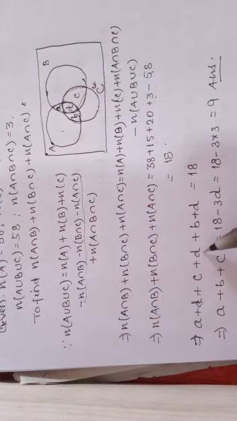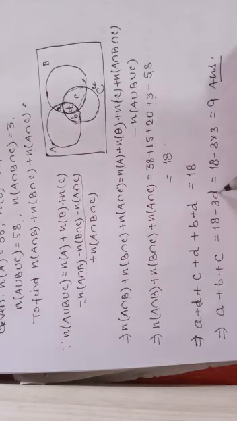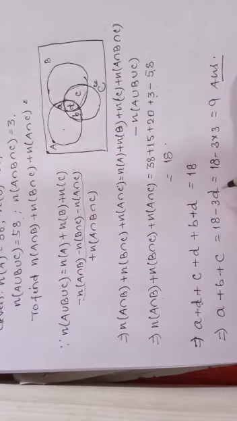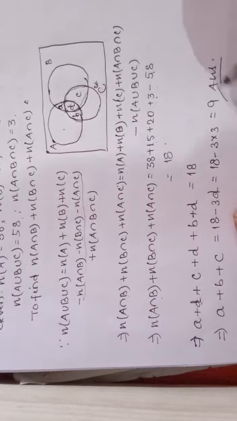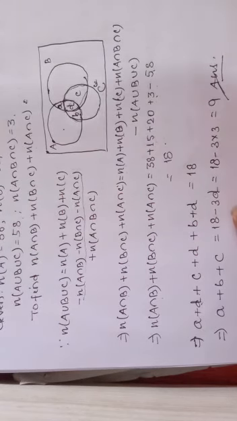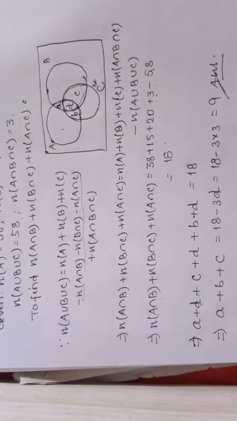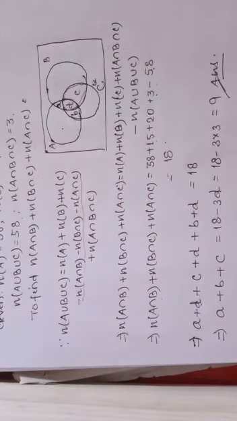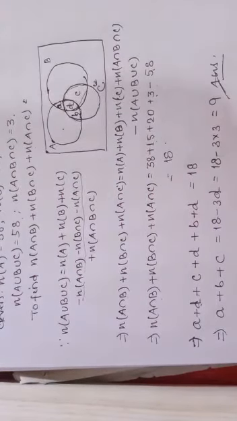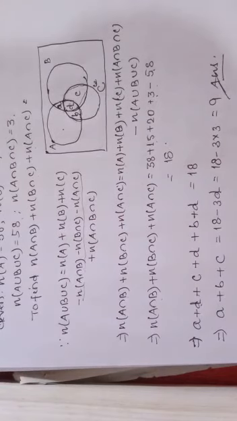So D plus D plus D on the right side becomes minus 3D. D is given as 3, so 3 into 3 is 9. 18 minus 9 is 9. So exactly 9 persons have got medals in exactly 2 of the 3 sports.